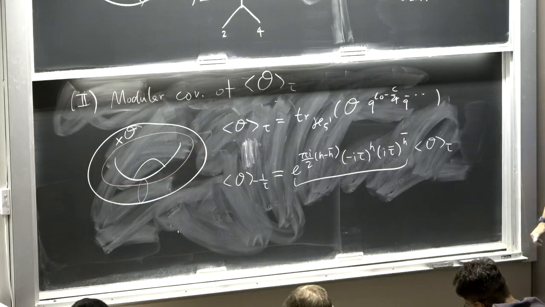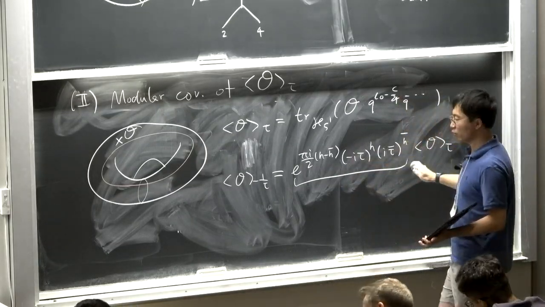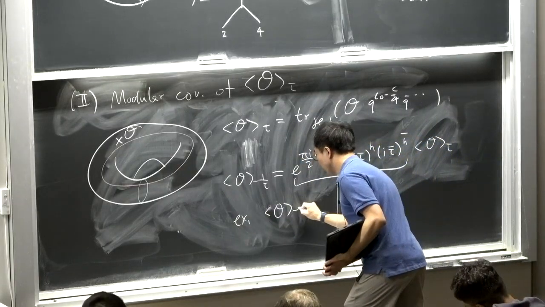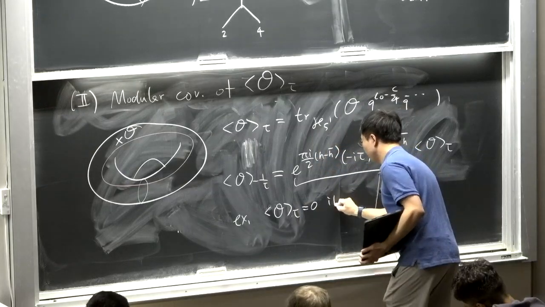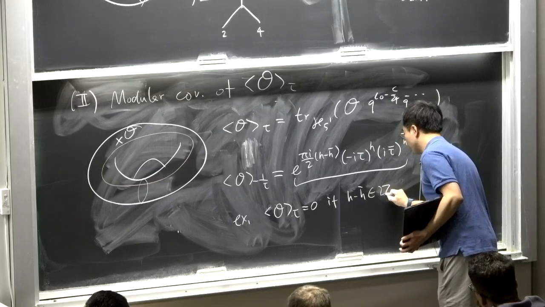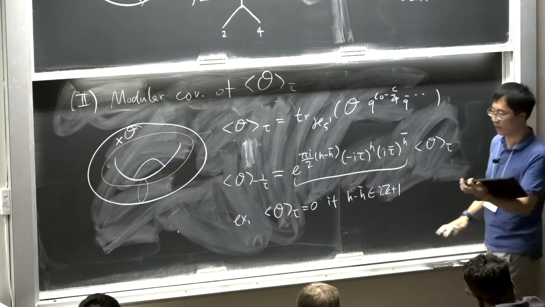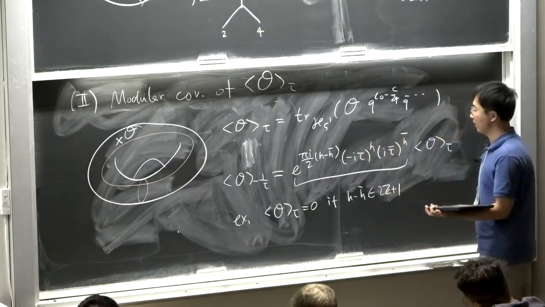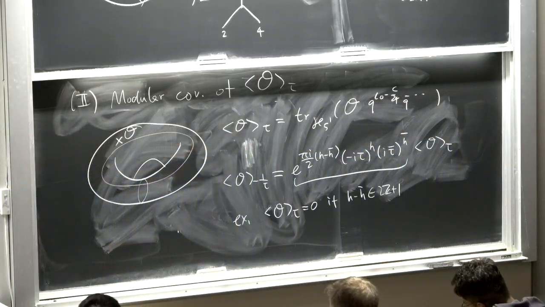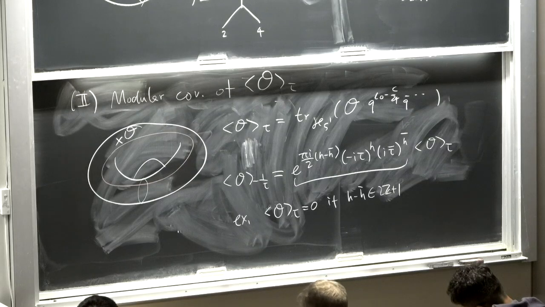A small exercise for you is to show from this property that the 1-point function is 0 if the spin of the operator is odd. Just a small exercise to play with the modular covariance property.